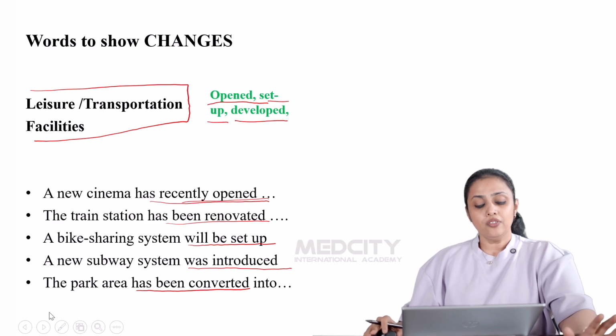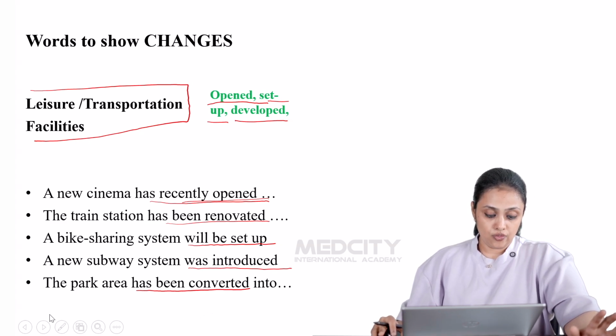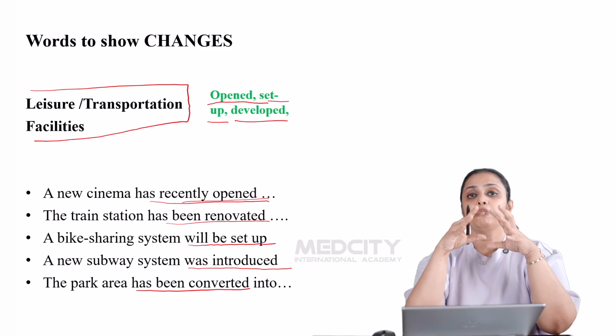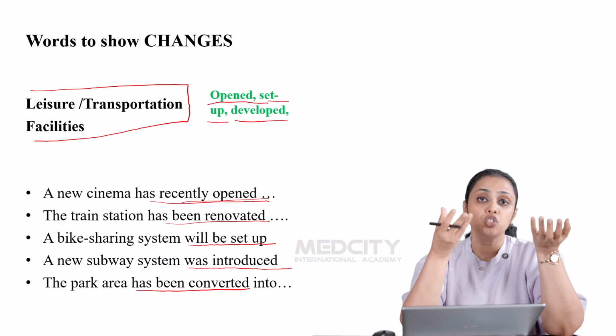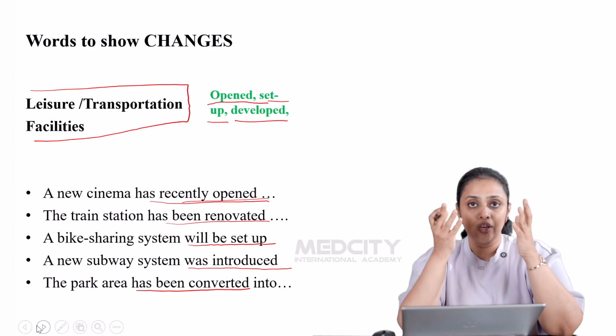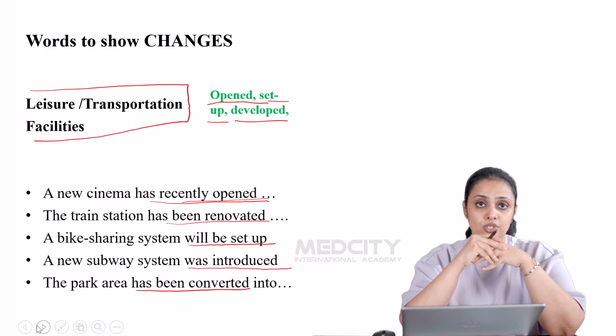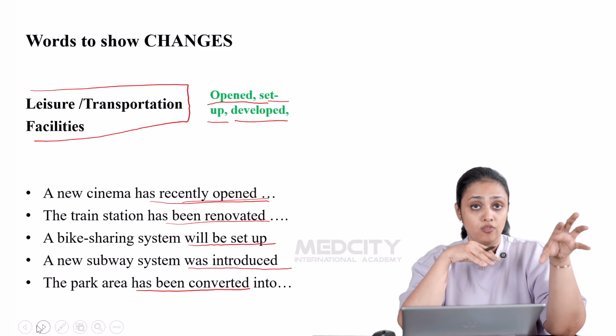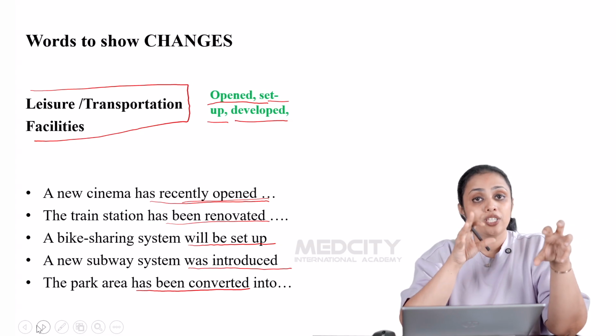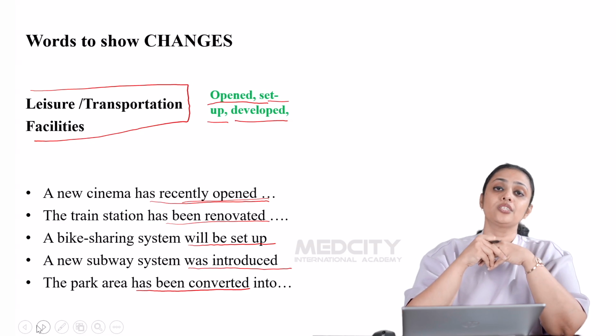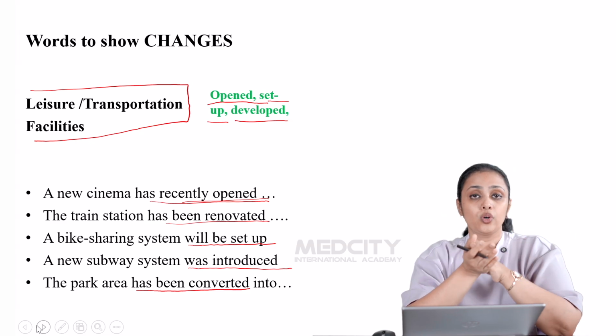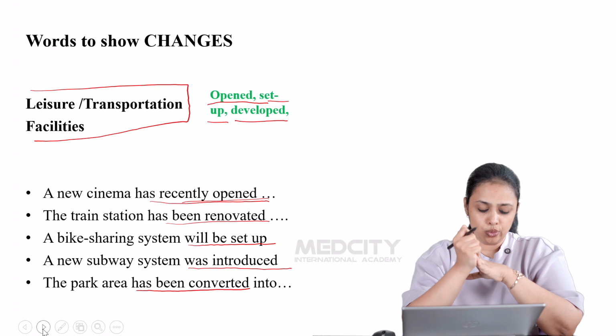So now that we have covered the different kinds of words that can be used to describe changes associated with the different features that you see in a map. With buildings, what kinds of words can be used to show change? With vegetation, what kinds of words can you use? And with transportation and leisure, what kind of words can we use? Now we have gone through that.